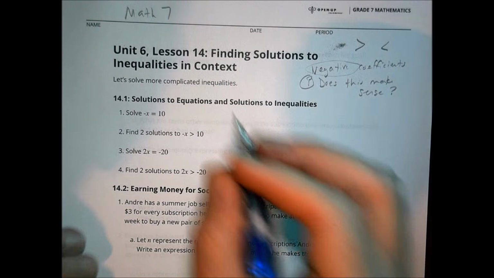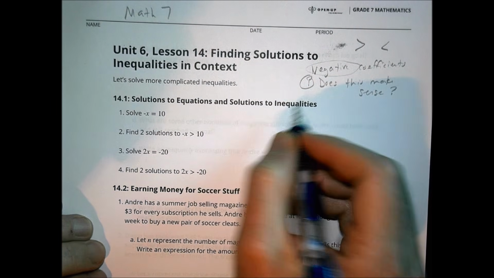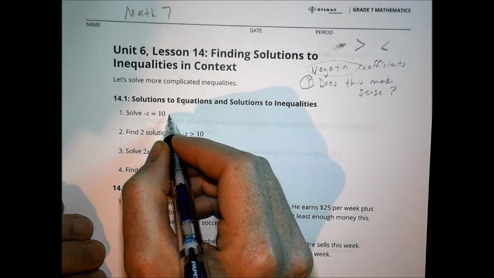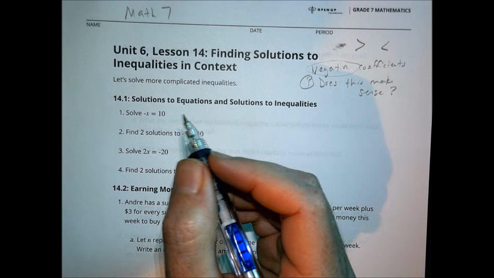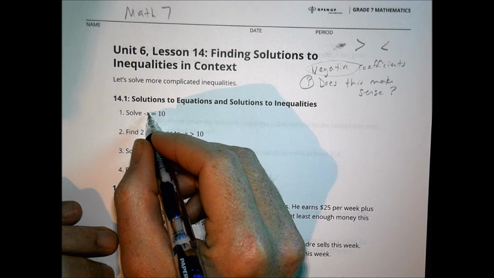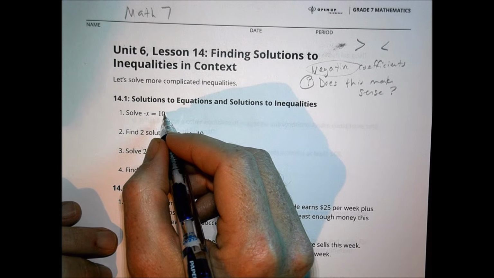Okay? So first of all, we have this section called Solutions to Equations and Solutions to Inequalities. So solve negative x equals 10. If I'm thinking about how to solve this, I need to find a value of x that's going to make this equal to 10.